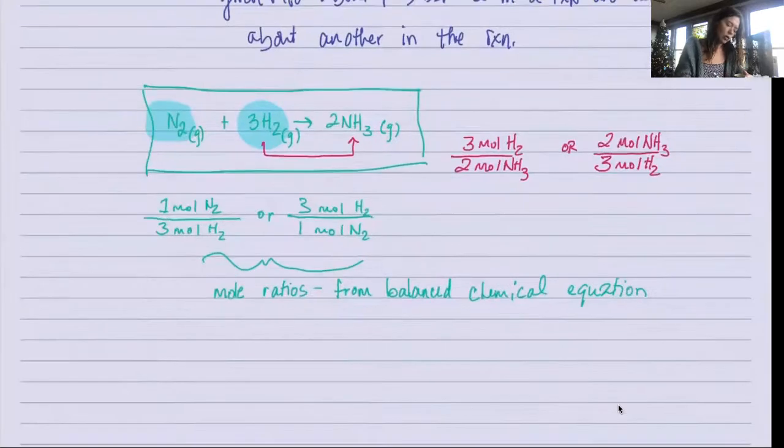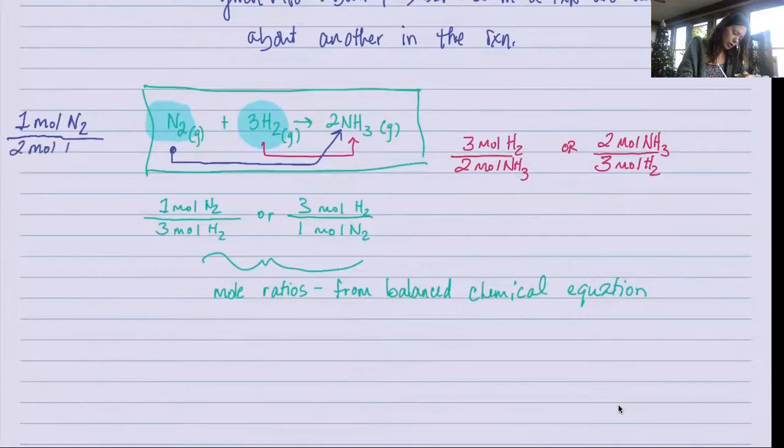There are 2 more ratios provided in this recipe, and that would relate nitrogen to ammonia. So if I use, because it's a reactant, it gets used, 1 mole of nitrogen, then how many moles of my product, NH3, will be formed? 2 moles NH3 will be formed.